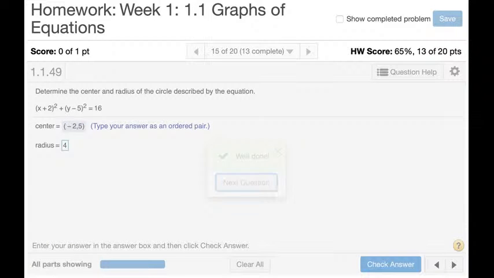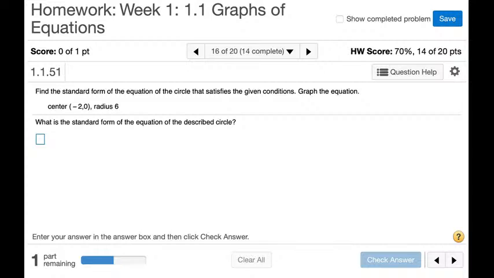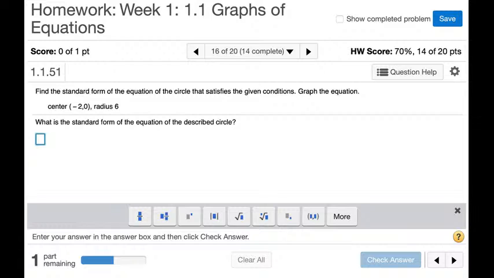Standard form of the equation of the circle that satisfies this with that radius. So the standard form is basically x minus h squared plus y minus k squared equals r squared, right? So this is going to be x minus negative 2, which becomes x plus 2 squared, plus y squared equals 36.